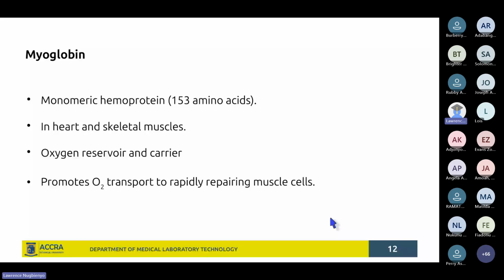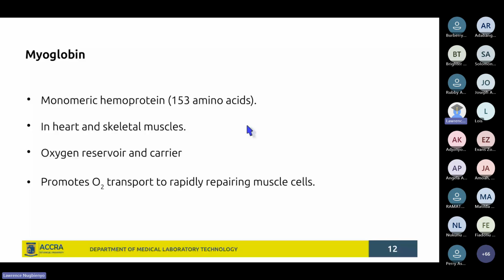And that monomeric is a hemoprotein, consists of 153 amino acids. You'll find myoglobin in cardiac and skeletal muscles, because what myoglobin does is it serves as a reservoir and a carrier.